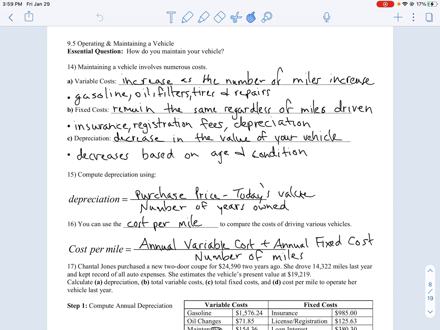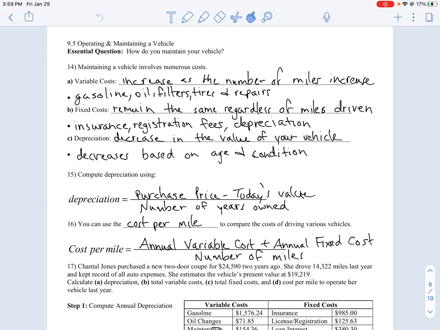Now, there's some other ones that are fixed costs, and these remain the same regardless of the miles driven. These are going to be your annual insurance premiums, your tags and title fees, and then again, some depreciation. What is depreciation? Depreciation is the decrease in the value of your vehicle, and it decreases based on age and condition of the car.